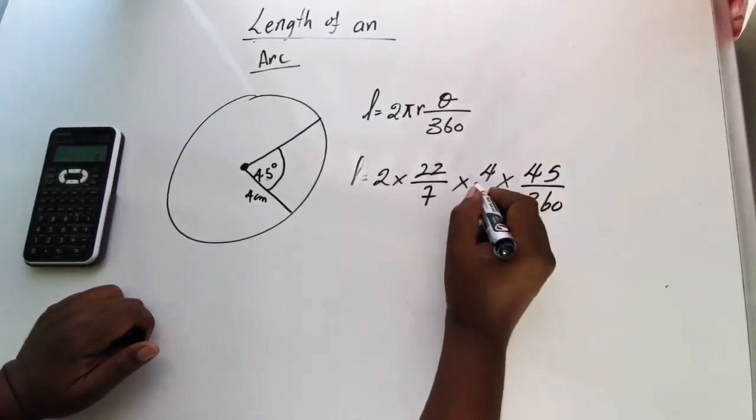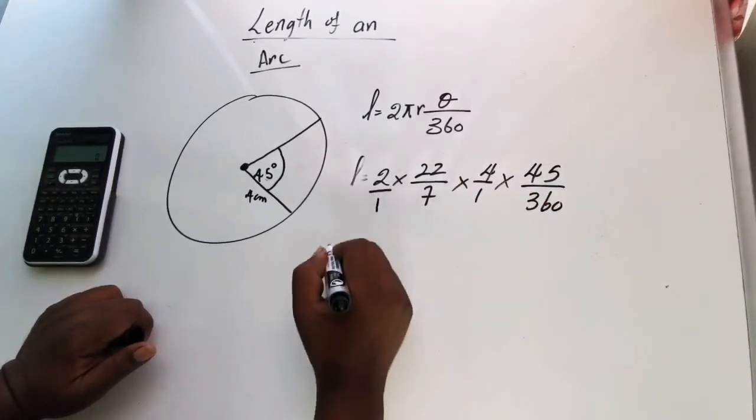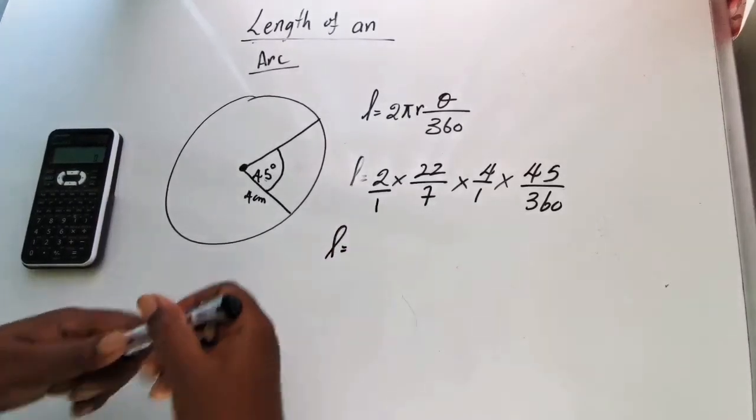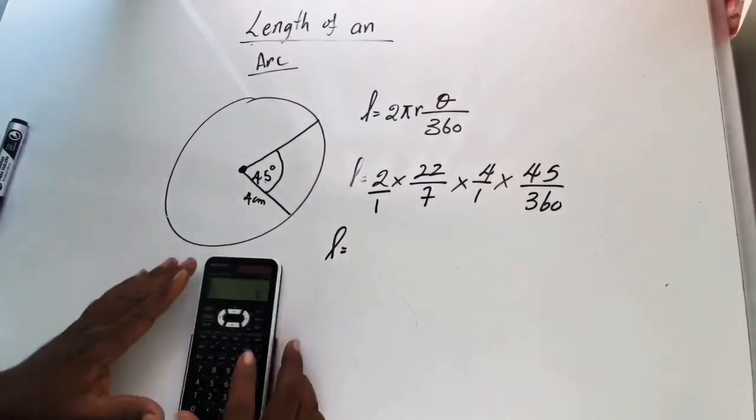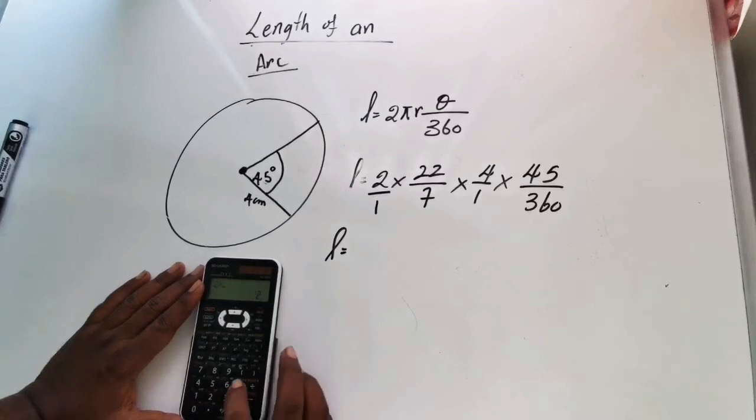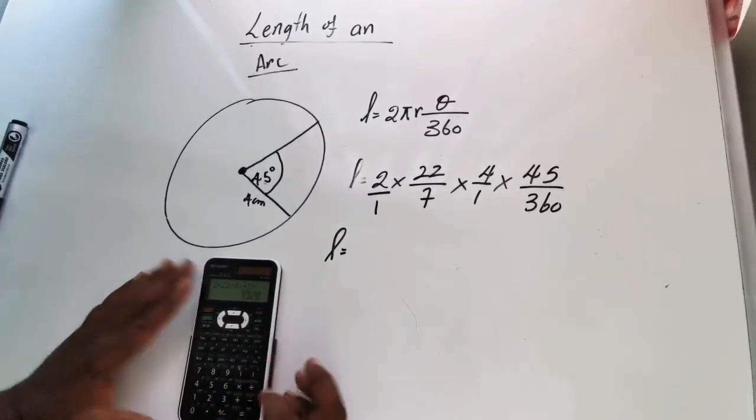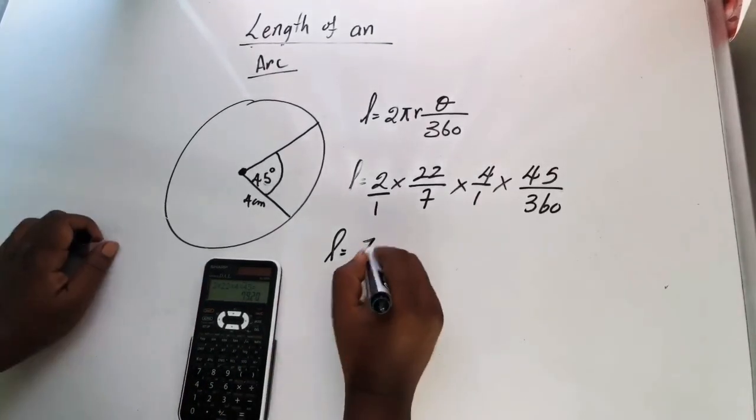We make these into fractions, we put them over 1. We multiply all our numerators, and that would be 2 times 22 times 4 times 45, and that's going to give me 7920.